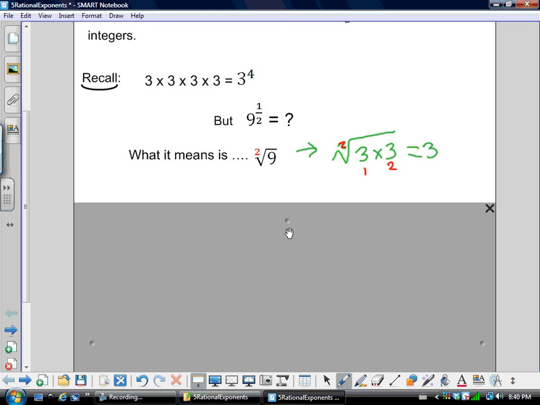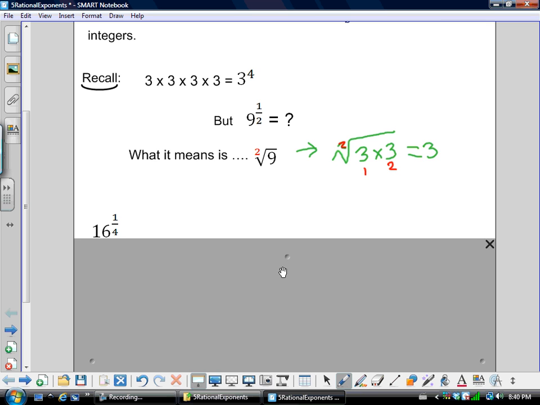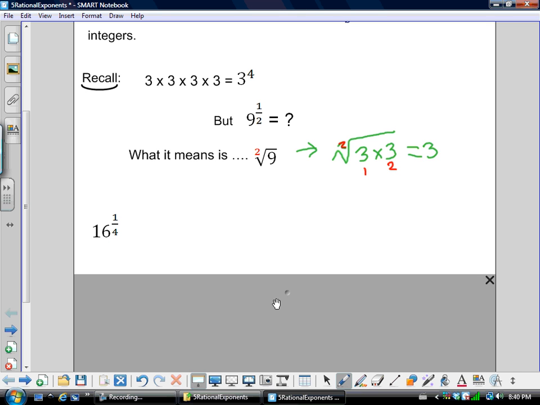Now what happens when we get to other numbers, however, it plays out a little bit differently. So take, for instance, 16 to the 1/4. Well, that I can write very similar to what I did with the square root of 9, and it can be written as the fourth root of 16. So again, I'm using the root sign.